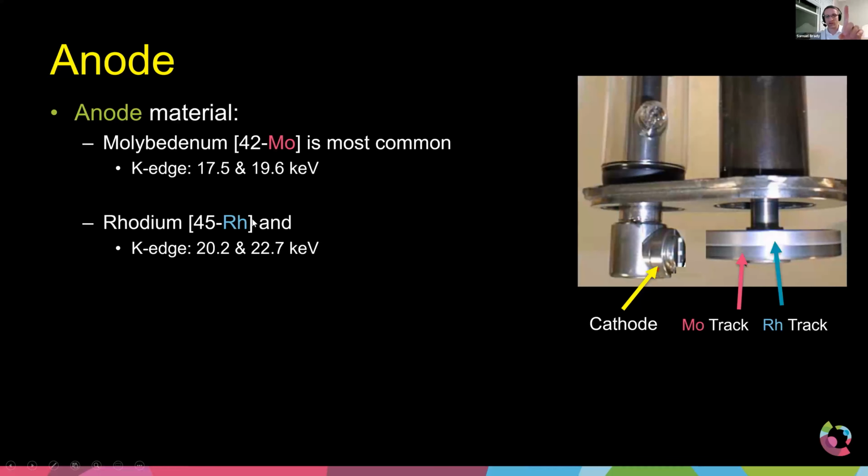There is one vendor still on the market, GE. It's probably not a surprise for those of you that know that. But there's one vendor on the market that still uses the moly and rhodium targets for the anode. There are a lot of benefits to this. Molybdenum and rhodium have K-edge values in the energy range that we are using for mammography.